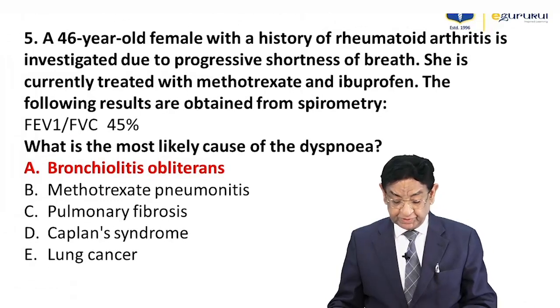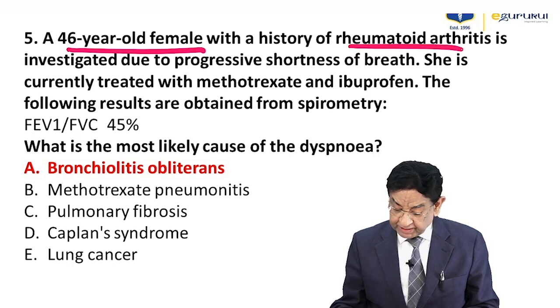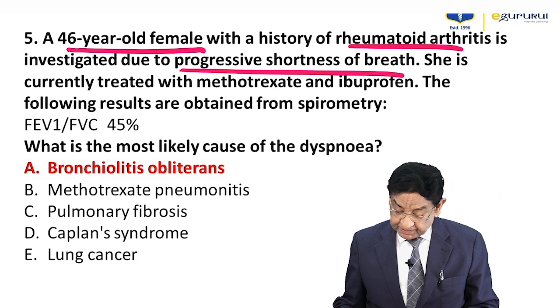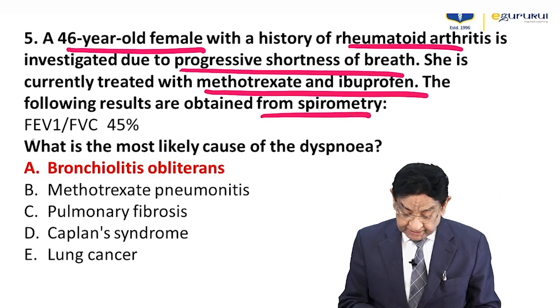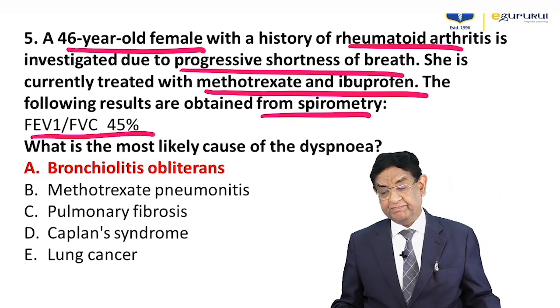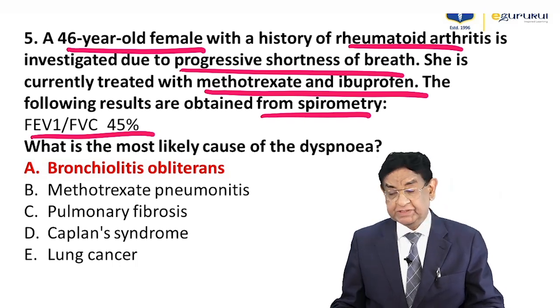This is a beautiful question, a lovely question. A 46-year-old female, rheumatoid arthritis, progressive shortness of breath. She's taking methotrexate and ibuprofen, and spirometry shows FEV1/FVC of 45%. That means the ratio is reduced.